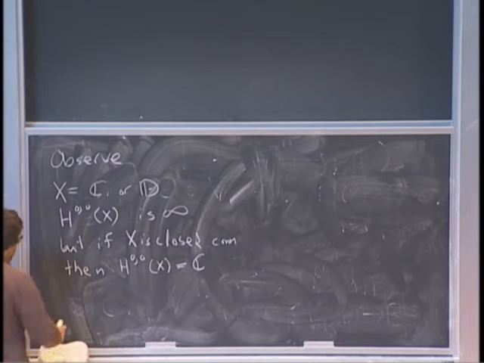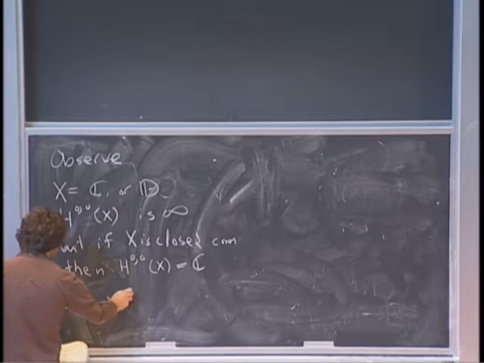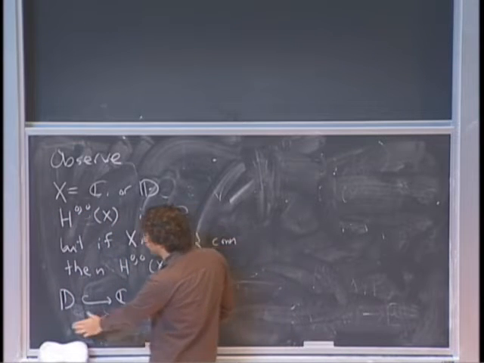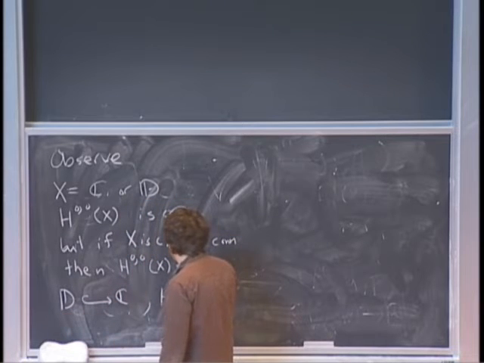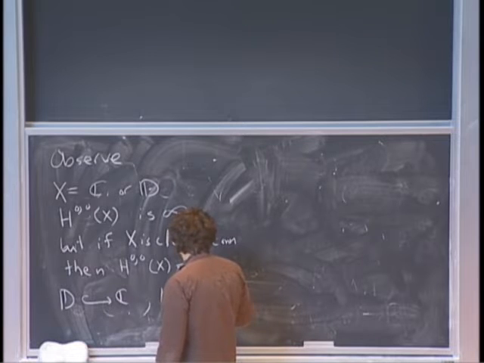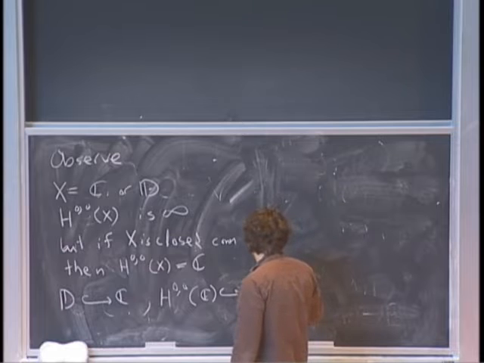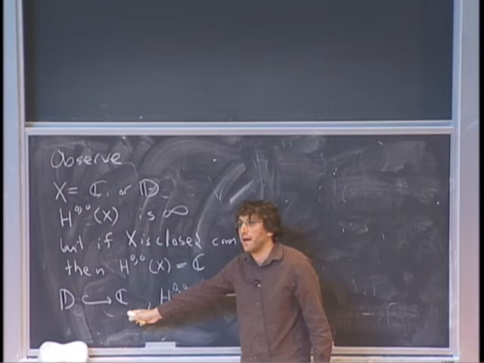So you should think about this. The fact that D is inside of C means that we can take any holomorphic function on C and just restrict it to a holomorphic function on D. So that means that we get a natural map from the space of holomorphic functions on C that injects into the space of holomorphic functions on D. But of course, there are lots of holomorphic functions on D that don't arise in this way.